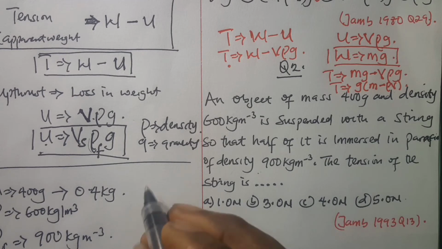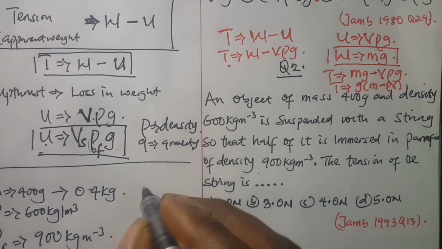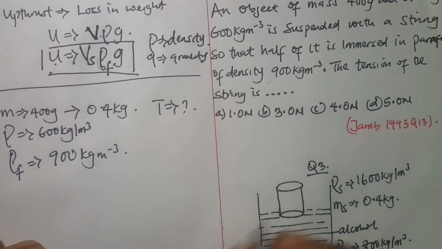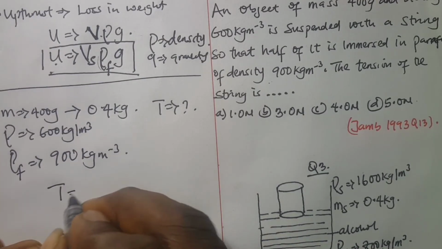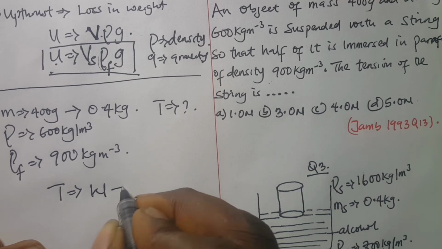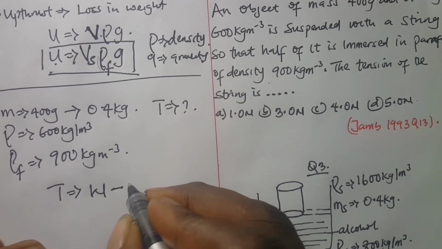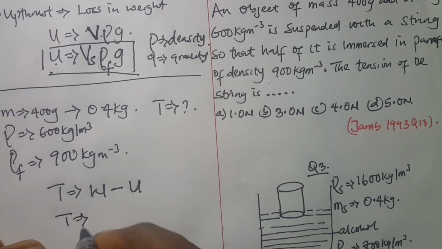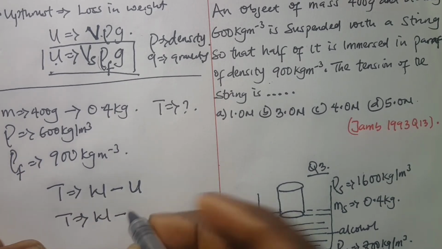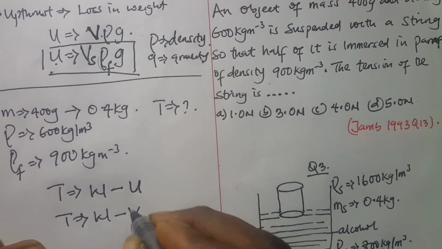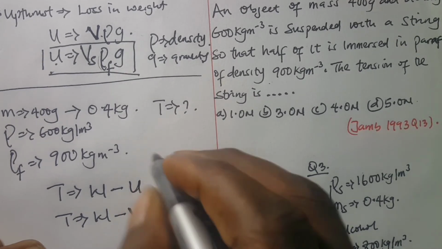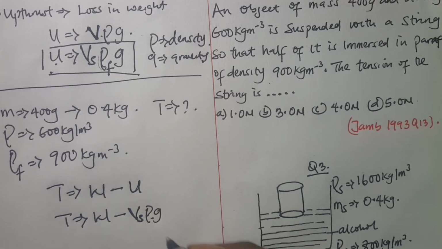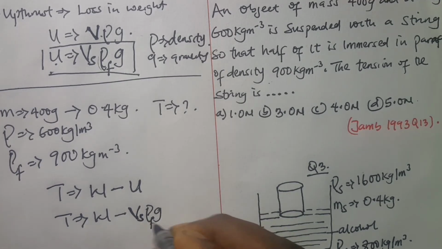So the examiner asks for tension. Tension is the question we're looking for. Just like what we did the other time, we know that tension is equal to weight minus upthrust. And we know the upthrust formula to be V rho g, where V is the volume of the solid immersed and rho is for the fluid.